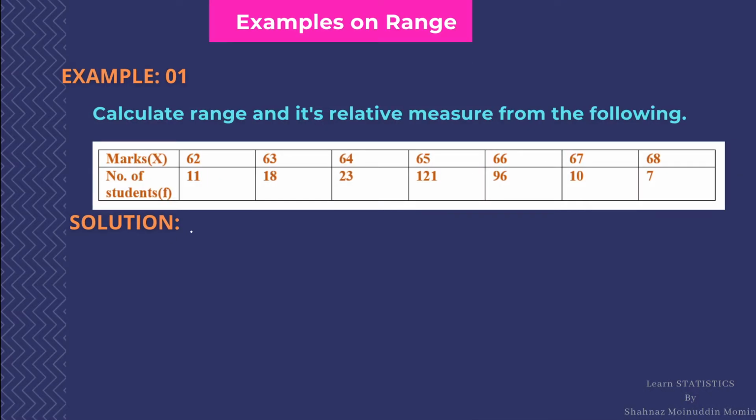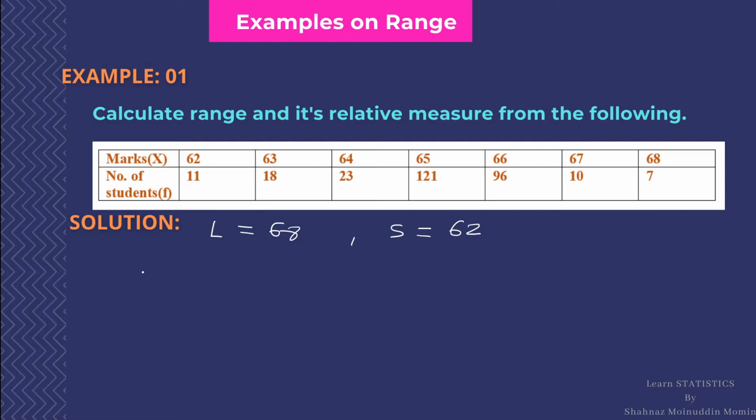Now consider the example for discrete data. Here in this case, marks and number of students are given and we have to calculate the range and its relative measure, coefficient of range. Similar to the individual data, in the discrete data we will find the largest value L, which is equal to 68, since the largest mark is 68 and the smallest mark in the given data is 62.